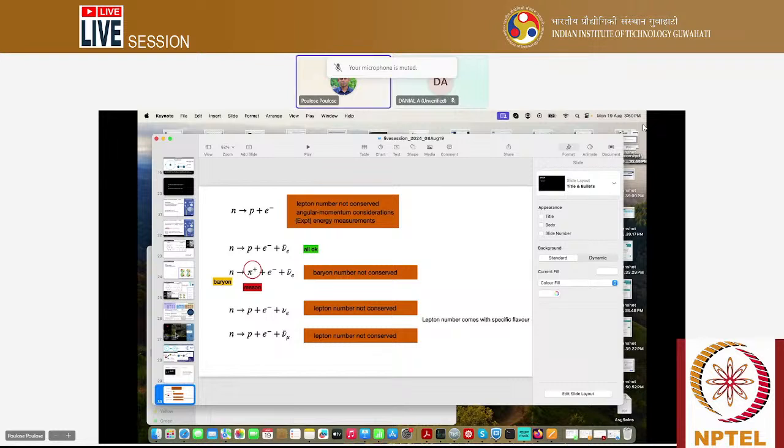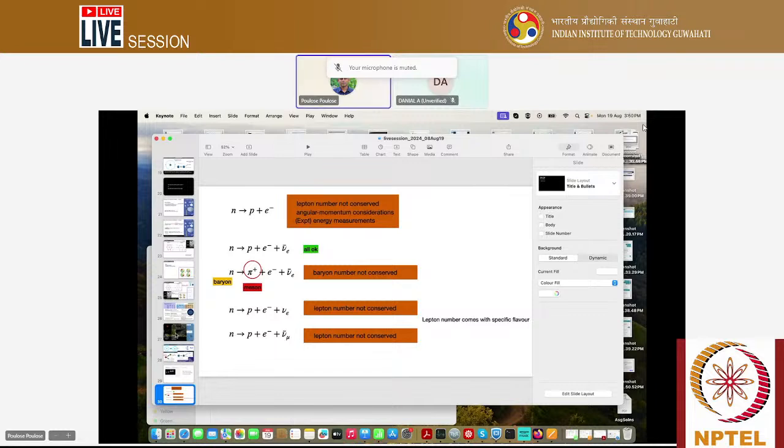Similarly, for the fourth one, n going to p plus e minus and a neutrino instead of an antineutrino is not allowed because lepton number is not conserved. e minus and nu both have lepton number +1, so they don't cancel each other. And in the last one, we have an antineutrino, but this antineutrino is of a different type. That's also not allowed.